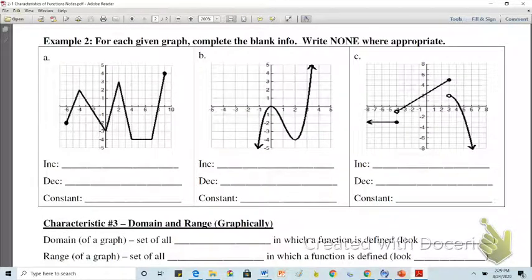So looking at 2a, first thing I need to do is go ahead and find my critical points. That is the beginning or any min or max that is in the graph. These are all things where the graph changes direction. So these are important values for me. So I'm going to go ahead and write down the coordinates.